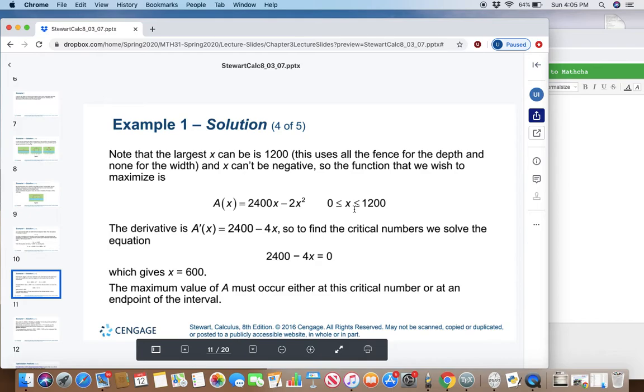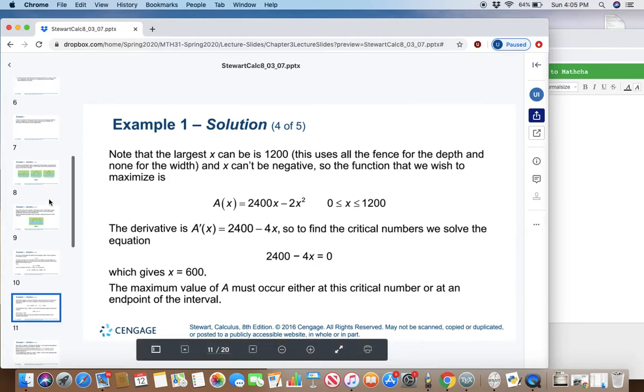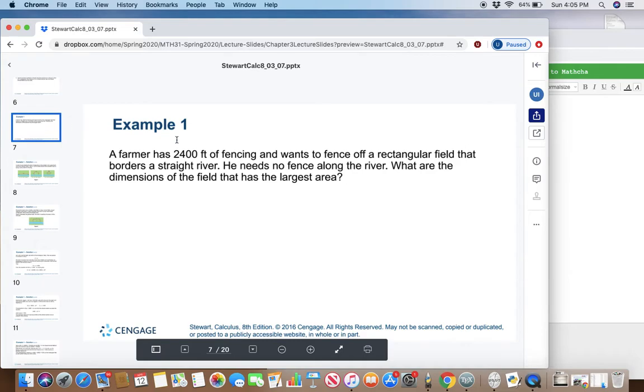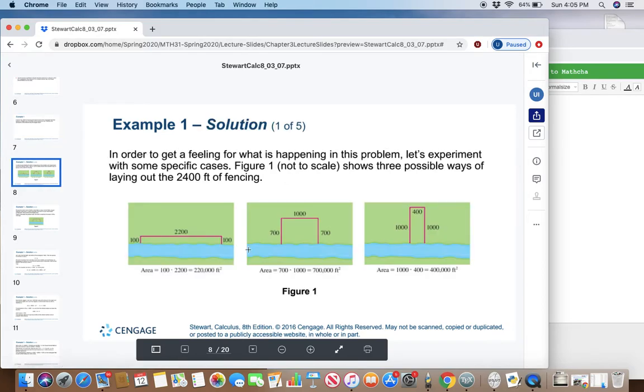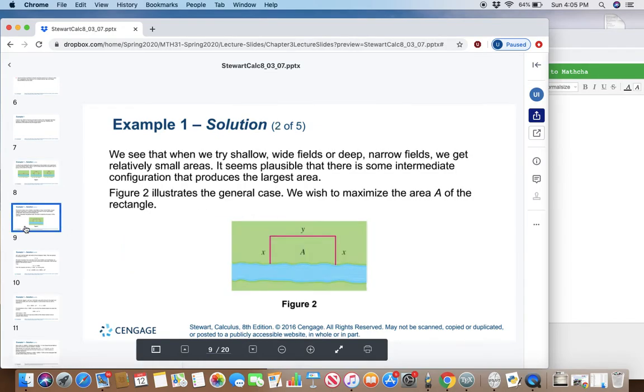Okay. So what is the domain? 0 to 1200. Well, remember, what was the question? We have 2400 feet of fencing and x are the sides. So even if y were 0, I still have 2x.